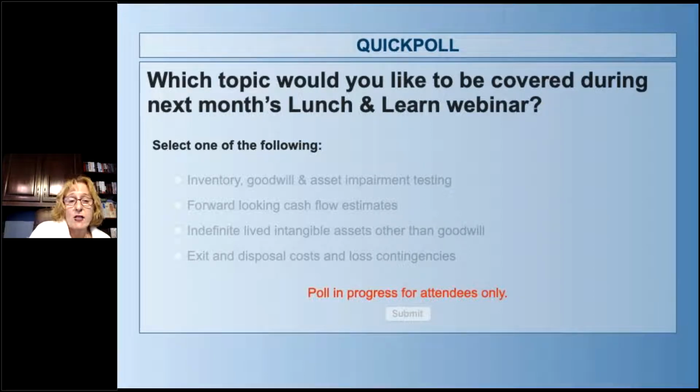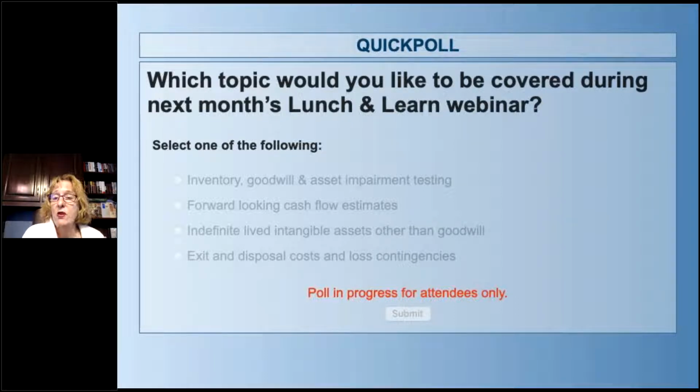Forward-looking cash flow estimates, now that actually shouldn't be there, so please don't mark that one because we're doing that today. Indefinite-lived intangible assets other than goodwill, or exit and disposal costs and loss contingencies. So pick either number 1, number 3, or number 4. We're going to talk about forward-looking cash flow estimates today, so that shouldn't have been in there.